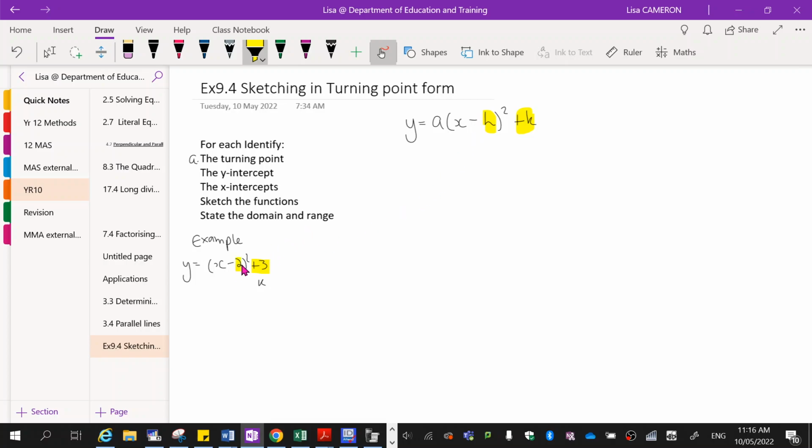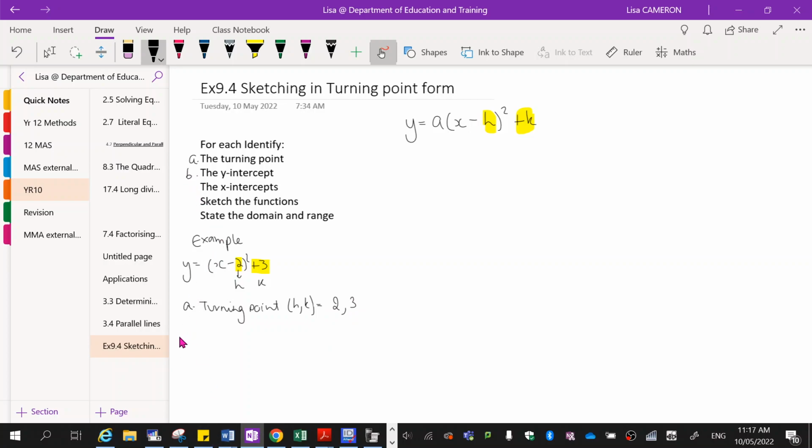So here, I can see it does have the negative in front, so that one is going to be h. So our turning point is going to be (h, k), written like that. So in this case, it'll be (2, 3).